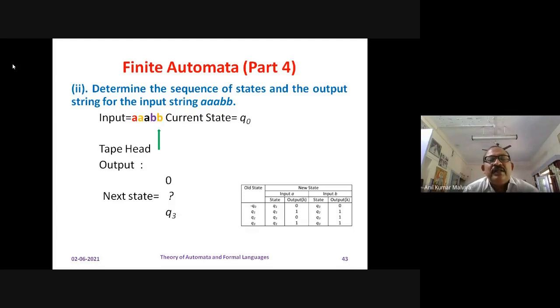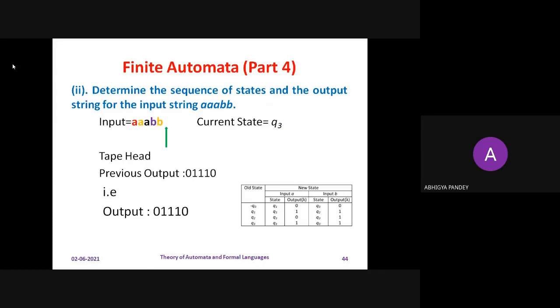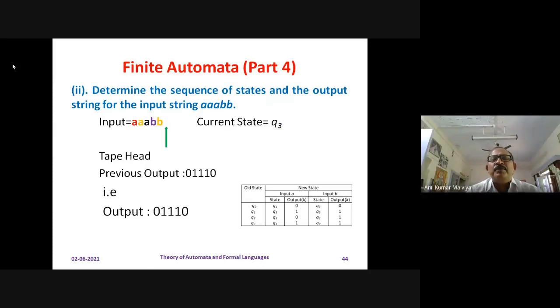What will be the next? This is the scenario. Current state is Q3 and at this time the tape head is pointing to the null of the input string. There will be no output. At this point machine will be terminated, stop the working and it gives the entire output.